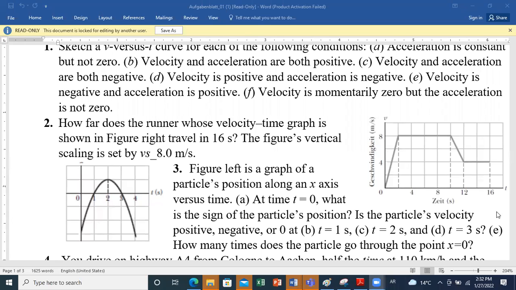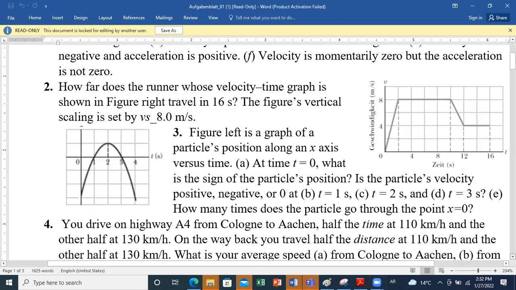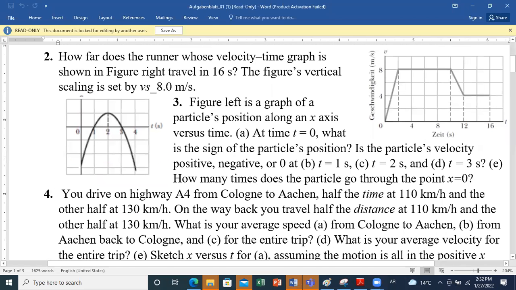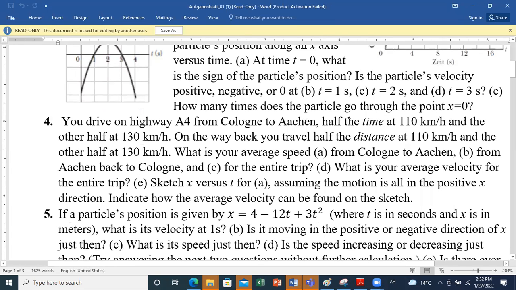Let us continue. You drive on a highway and you are driving from point A to point B. Half the time at 110 kilometers per hour and the other half at 130 kilometers per hour.